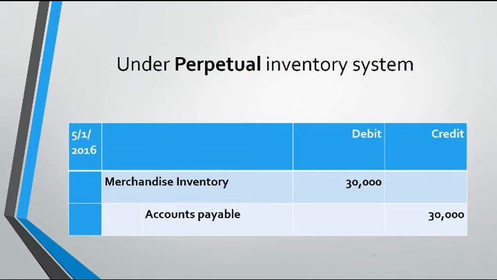So 5/1/2016, you have merchandise inventory, or you can use simply inventory, which is 30,000 kasi nga 1,000 times 30 is 30,000. Credit to accounts payable, which is 30,000 din.